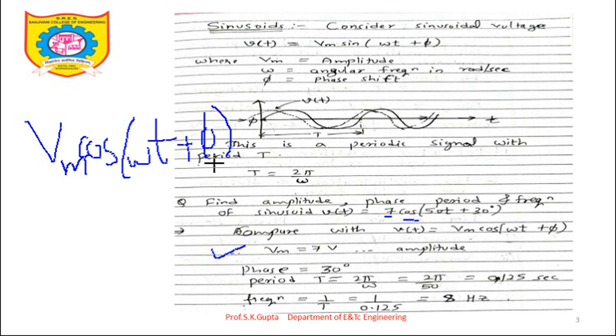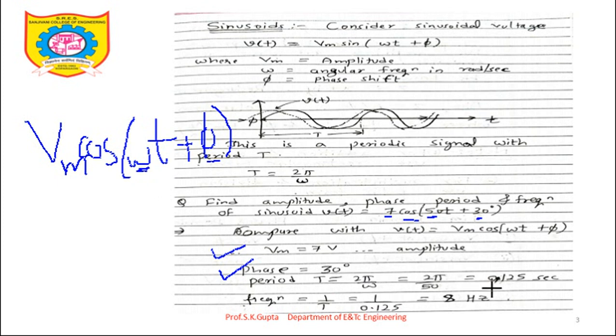Then the phase shift phi is how much? Phase shift here is 30 degrees. Then period T equal to 2 pi by omega. So omega in the question is 50, where you have written 50t, that means omega is 50. We know that T equal to 2 pi by omega.